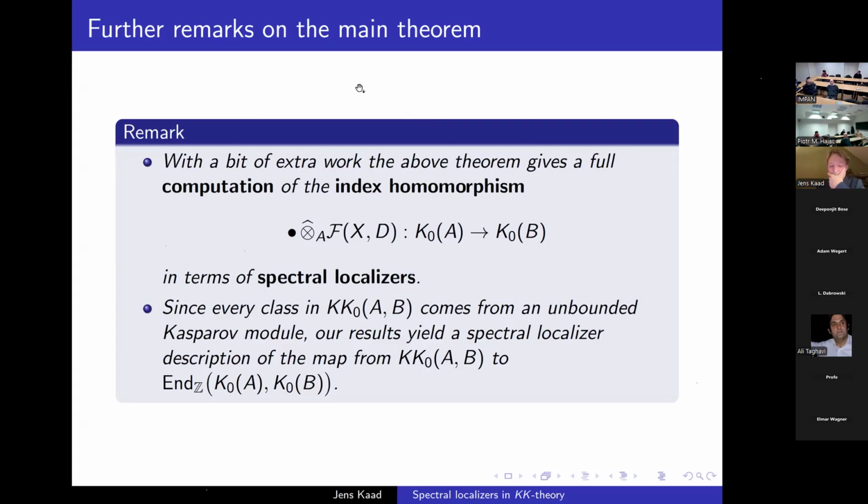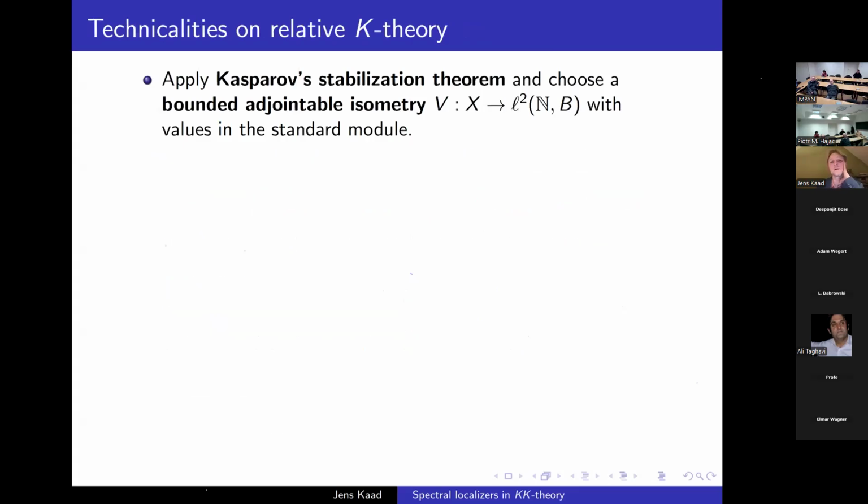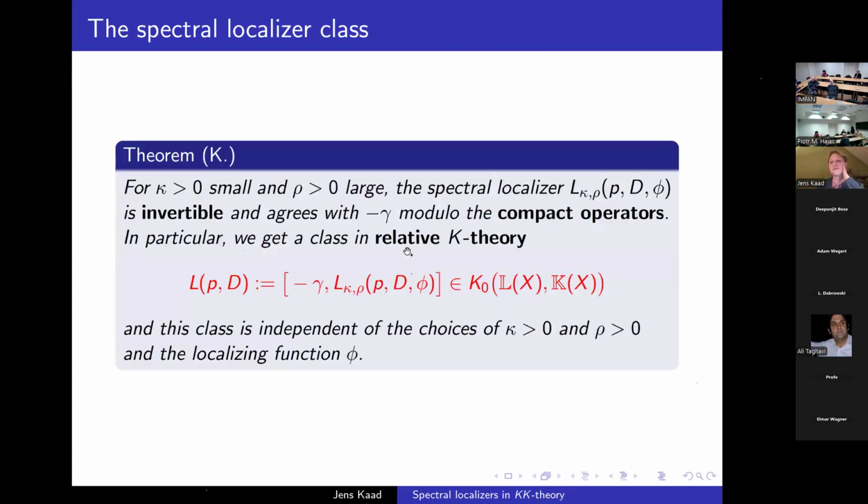It's hidden inside this result here. It's because I'm actually using a different picture of relative K theory than the one you might be used to seeing, because this pair is given by self-adjoint invertible operators instead of a pair of projections, as you would usually expect in relative K theory.